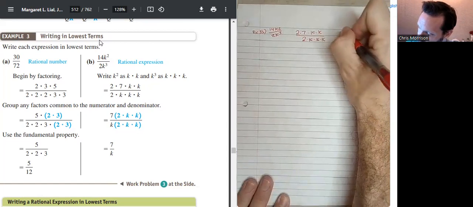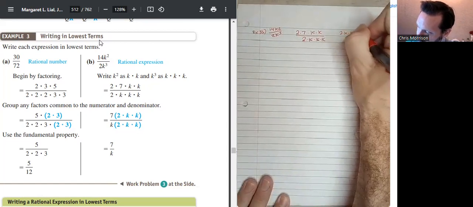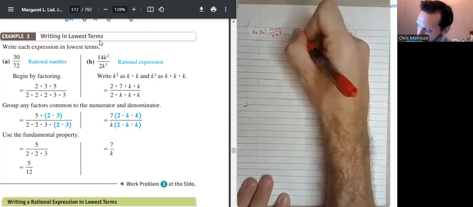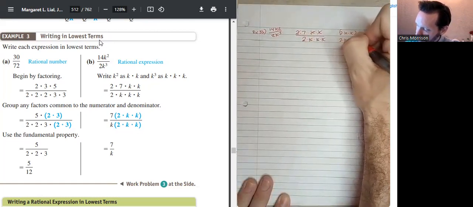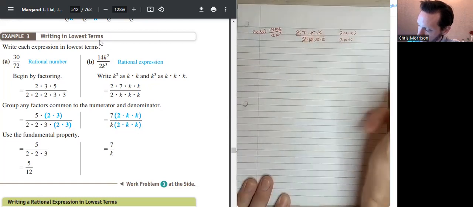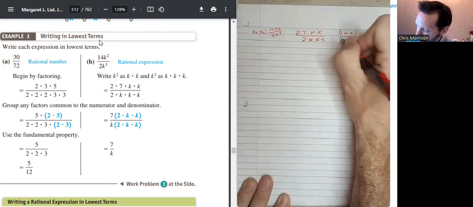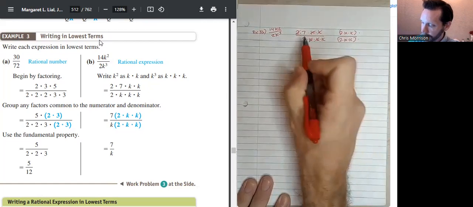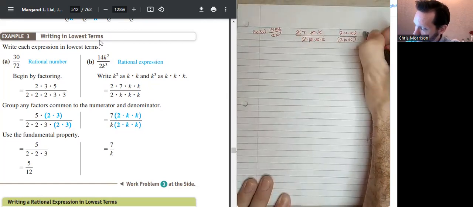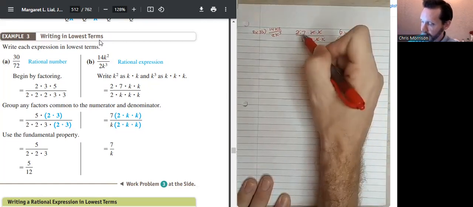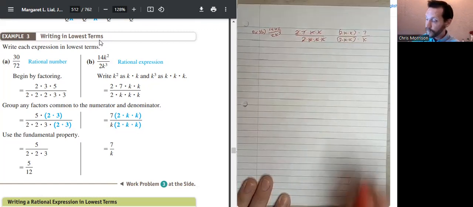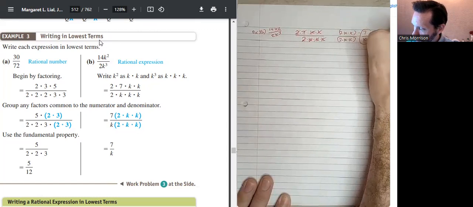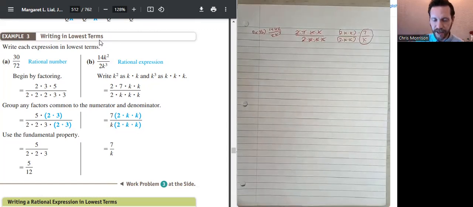So I can write 2 times k, put those in a group. That's your 2, your k, and your k, right? And 2 times k, again, your 2, your k. Put those in a group. Times, I'm left over with a 7, so times 7, and I'm left over with a k. So now I've used everything. And so I'm just left with a very straightforward 7 over k as my answer.